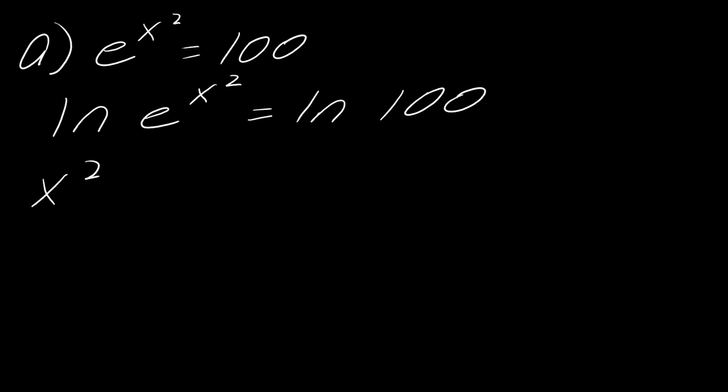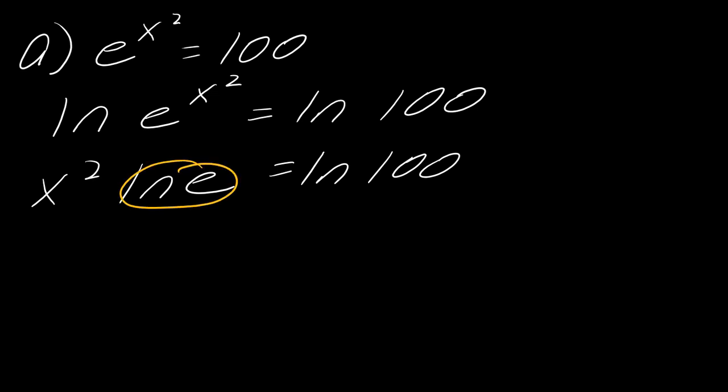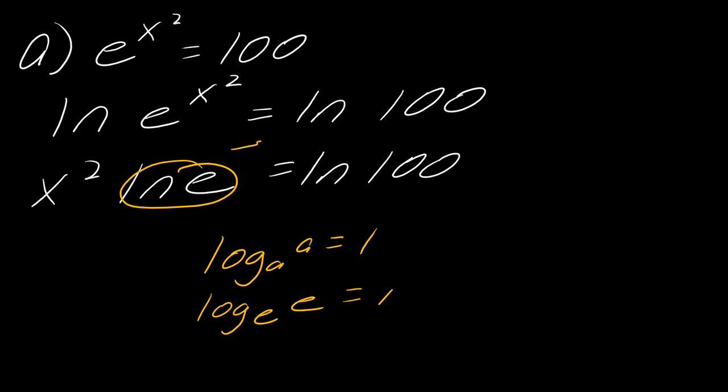Okay, so in doing that, I can bring the x squared down. But now I notice this side, this natural log of e, so remember, there's that property that log base a of a equals 1. And remember that the natural log really means log base e, so log base e of e, so this just equals 1.